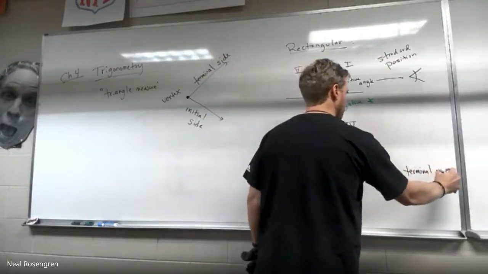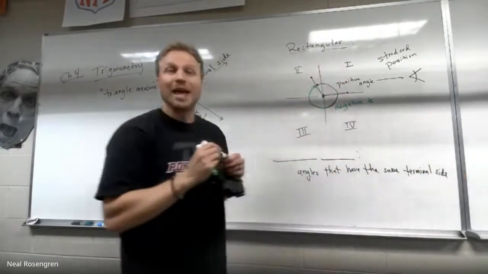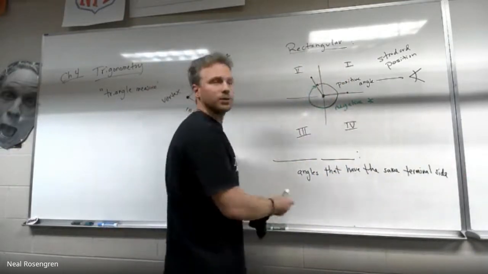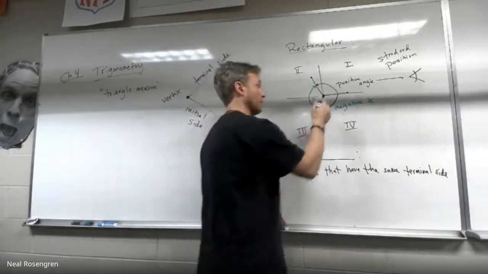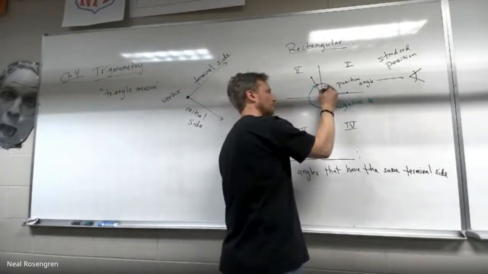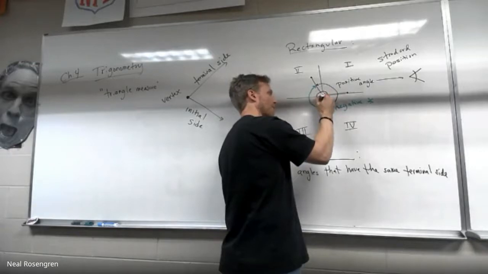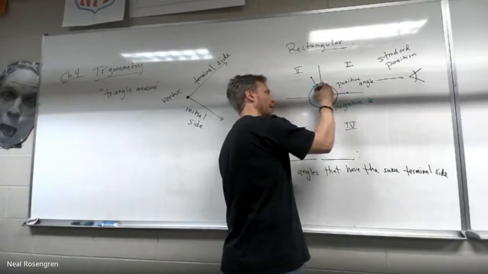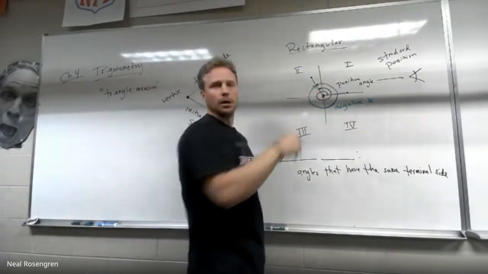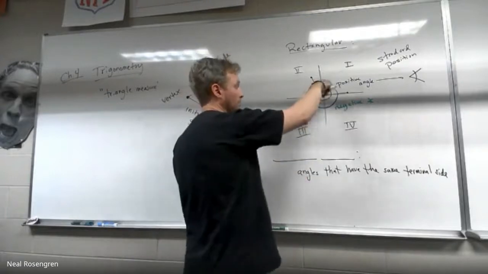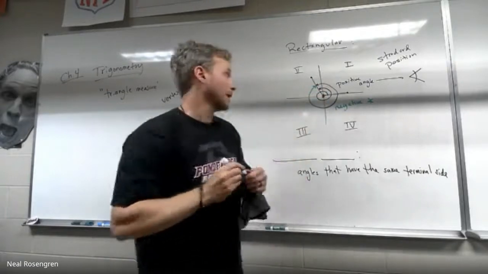What if you had more than one angle that ended at the same spot? Whether it was a positive one and a negative one, or maybe two positive ones, right? Maybe I open up an angle, I go around and around, and I make a full trip around, and then I keep going, and then I decide to stop right there, right? So I have this kind of spiral thing happening there, the way I draw my arc, but I end up at the same spot.